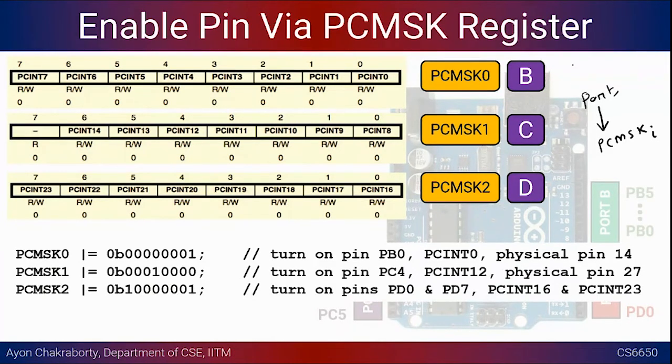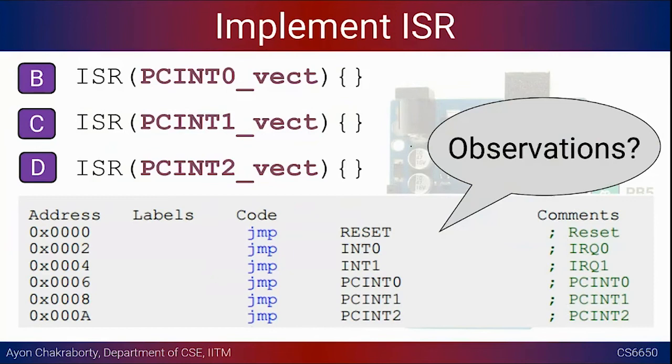If you know which pin to select, you know which port, and based on that you can turn on that particular port, and then you can enable that particular pin for receiving the pin change interrupts. These are the two things you have to know if you want to register inputs from a certain pin. Then, based on the particular port, it is going to raise these three interrupt service routines, right?